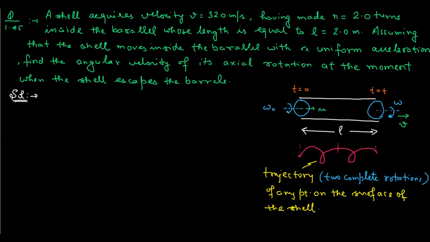Clear? Now what we can infer from the given statement: it is given that a shell acquires a velocity, so we can take the initial velocity of the shell to be equal to 0 and the final velocity to be equal to 320 meters per second, having made n equal to 2 turns. 2 turns means the angle through which the shell has rotated, say theta, is equal to 2 pi into 2, that is 4 pi radians.